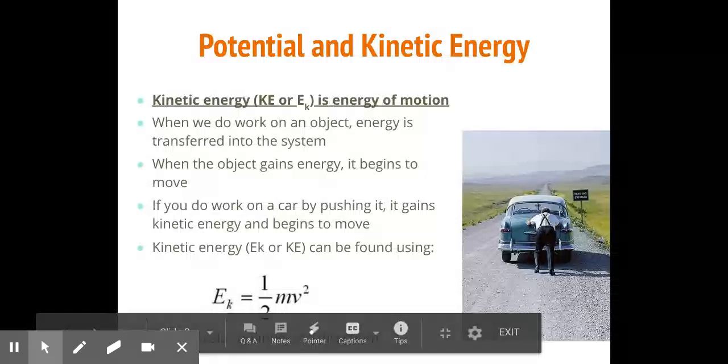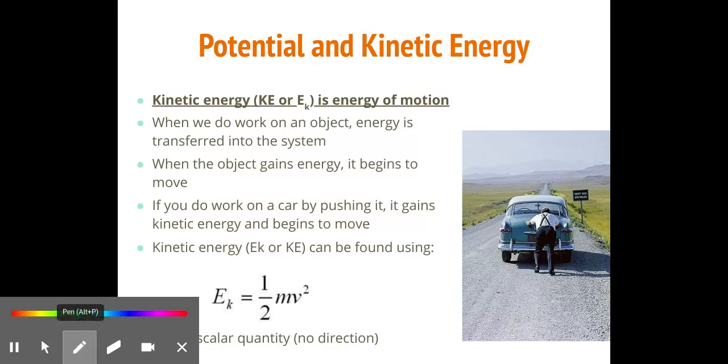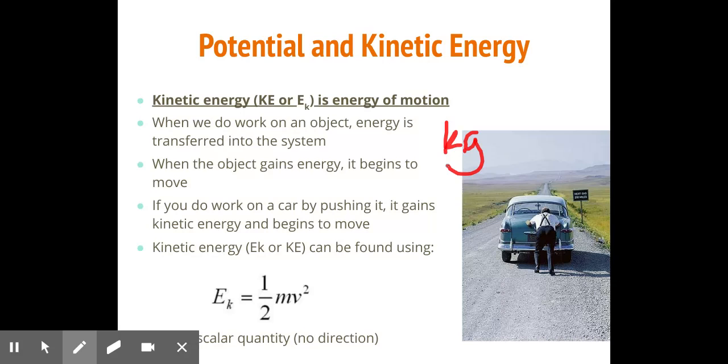Okay. So if we derive these units, I'm going to use this color. It'd be 1/2 times the mass. So mass is going to be kilograms, remember, times velocity squared. So velocity is going to be meters per second, but then it's squared.